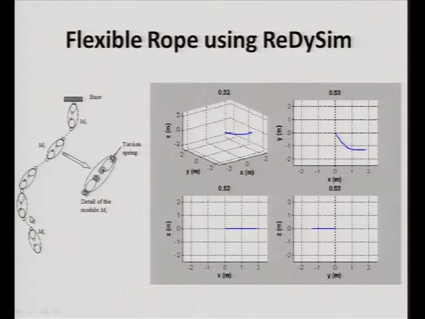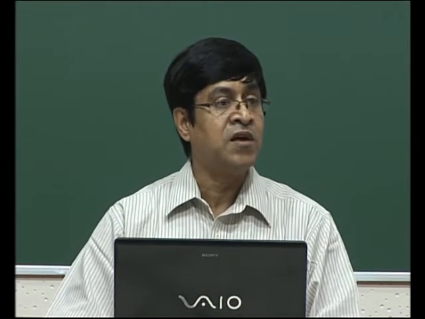Size is not a limitation here, but in this case I think it was considered as about 1 meter. In this simulation you see 20 links, but we have done up to, as I said, 100,000. When you do numerical integration, normally there will be errors which keep adding up.